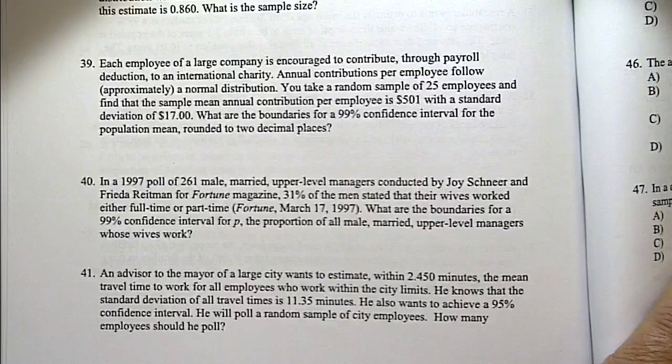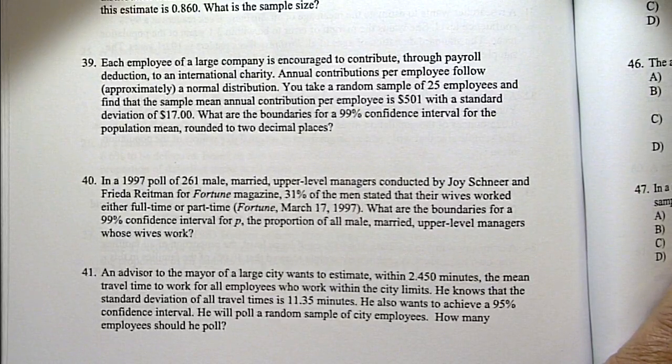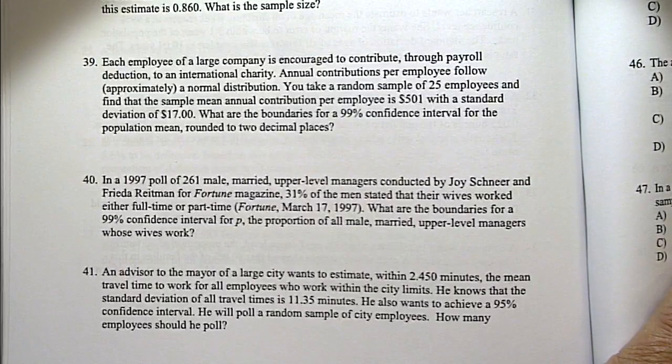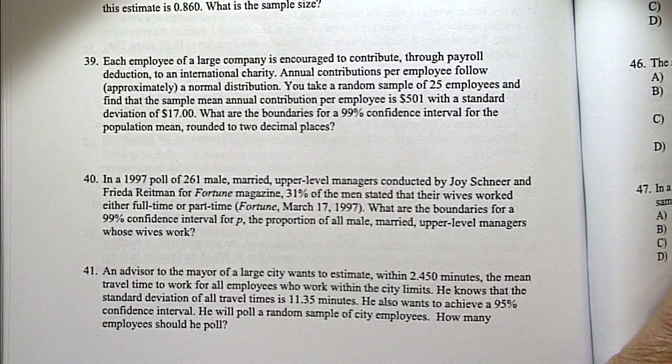Now that's probably going to be my sample size, 261. And it says that in that poll, 31% of the men stated their wives worked either full-time or part-time. At that point, I know this is a proportion problem because it's talking to me in percentages, right? 31%. The data is in percentages, okay?